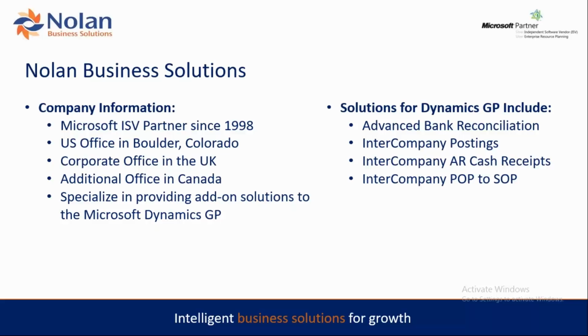So today we're going to be walking through our advanced bank reconciliation solution, but in addition to this, we also have an intercompany suite of products, our intercompany postings, which allows for automatic posting between separate GP databases, as well as AR for cash receipts, and our intercompany POP to SOP, which is really for any companies that have intercompany trading relationships and share inventory.